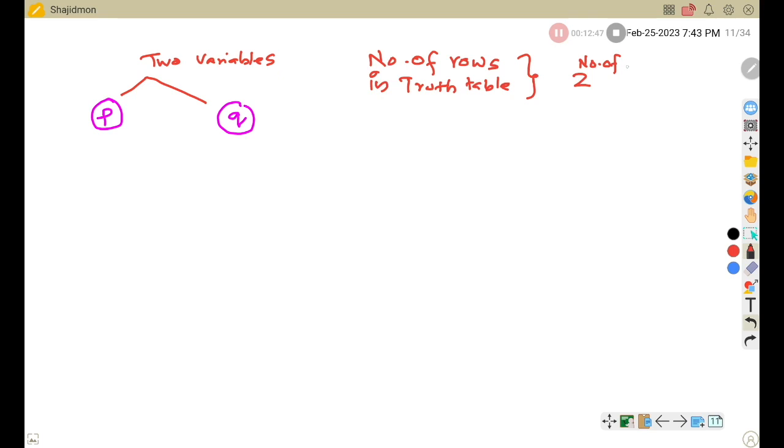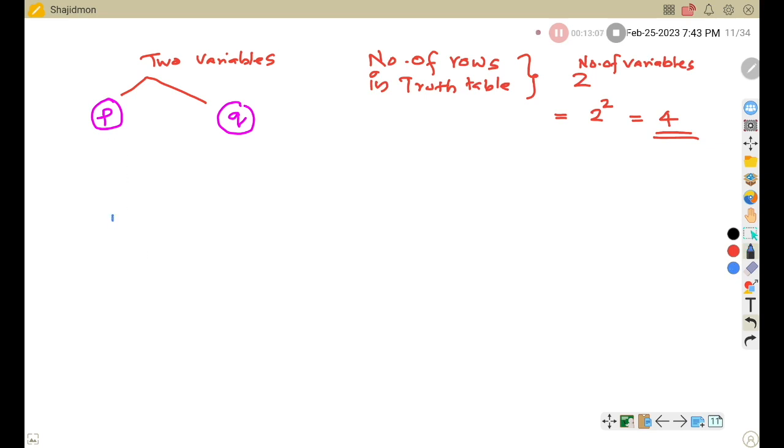That means 2 power, how many variables are here? 2 variables. So 2 power 2 means 4 rows will be there in the truth table. So how are we writing those 4 rows?